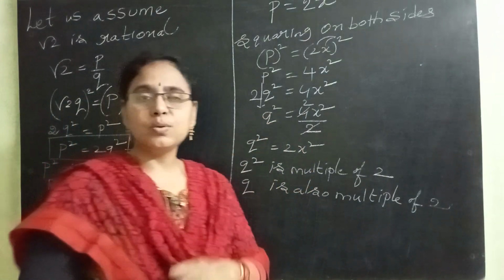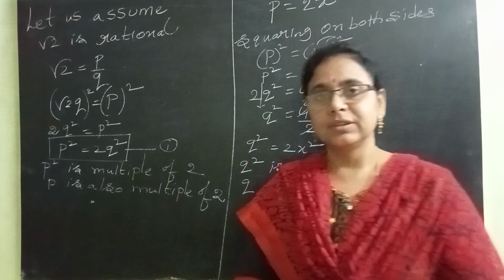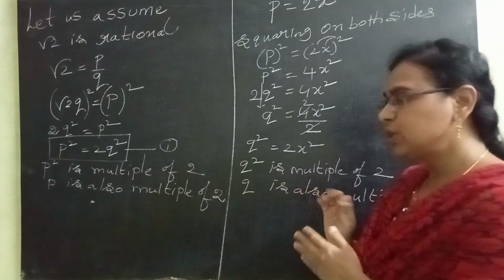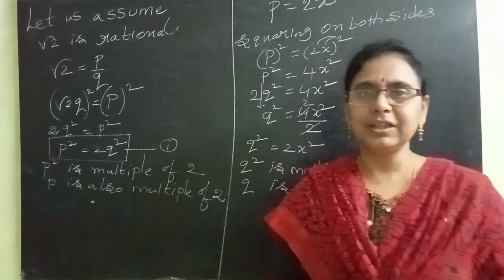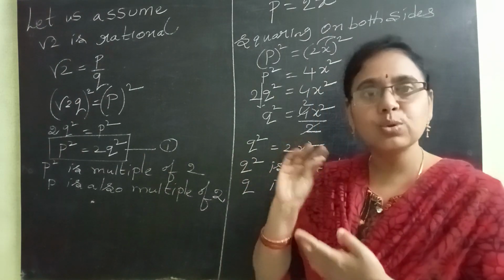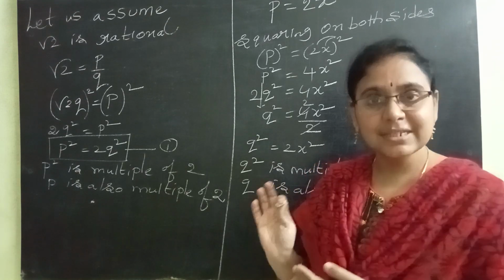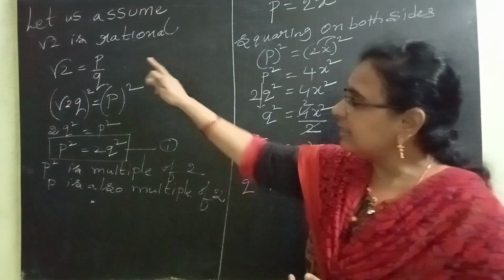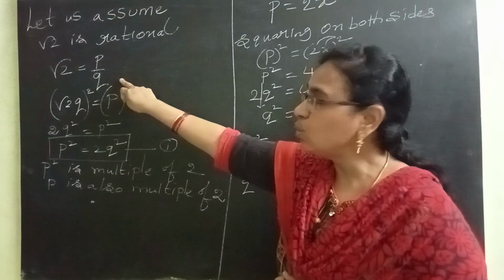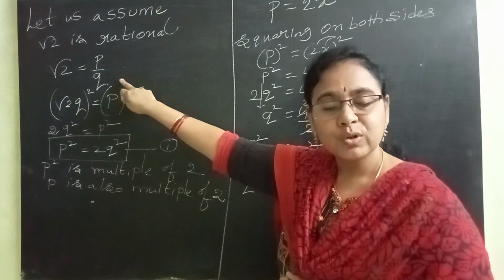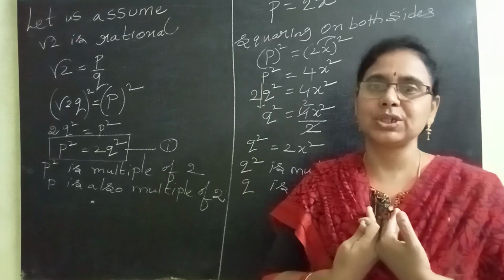Q is also a multiple of 2. That means P and Q both have one common table. It is in the 2 table. P is in the 2 table. Q is also in the 2 table, which contradicts our assumption.